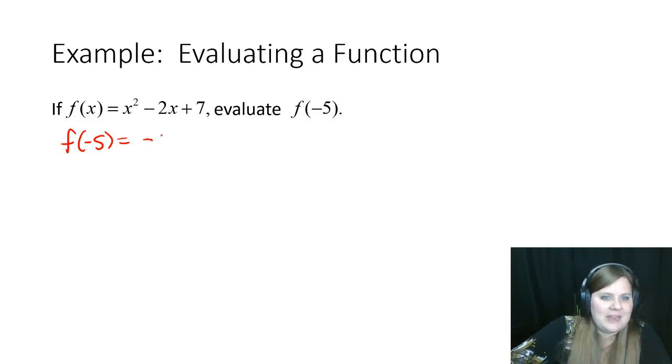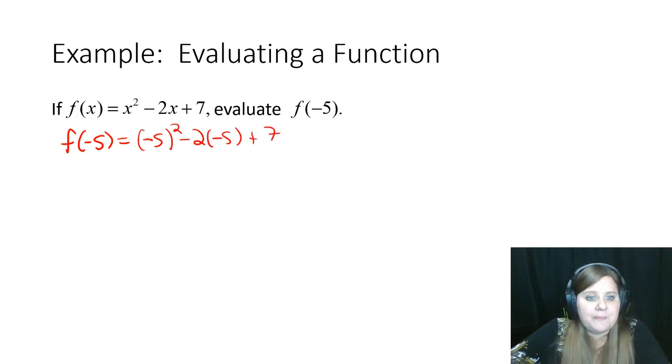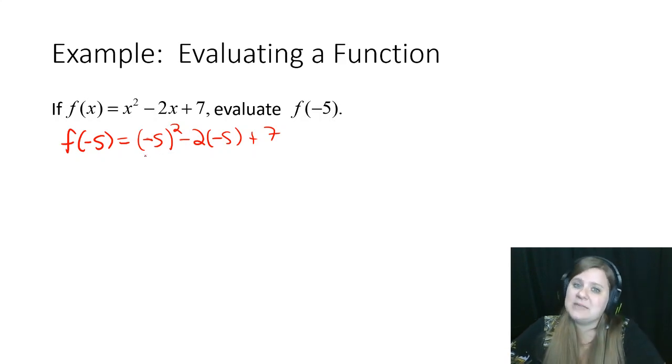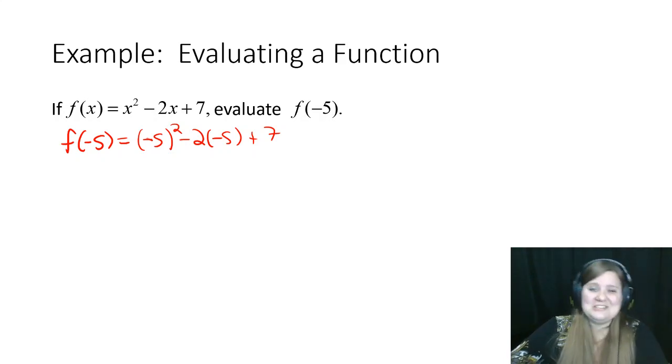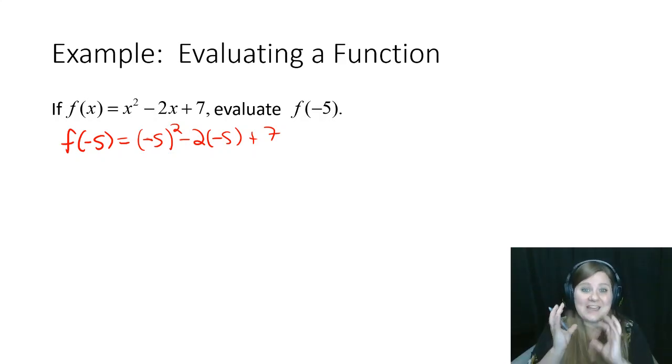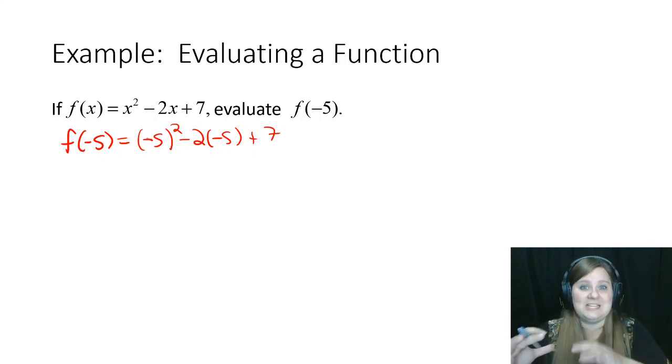Then I'm going to plug in negative 5 everywhere I see an x. Now you're going to notice that I put parentheses around my negative 5. That's because negative 5 in parentheses squared is not the same thing as negative 5 squared. So when you're plugging in negative 5, you have to plug it into the x spot, which means you have to have parentheses around it.